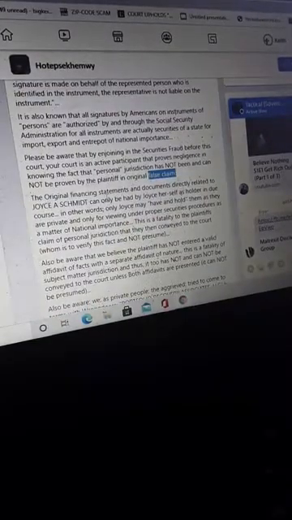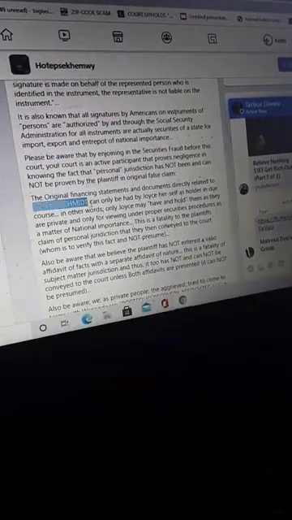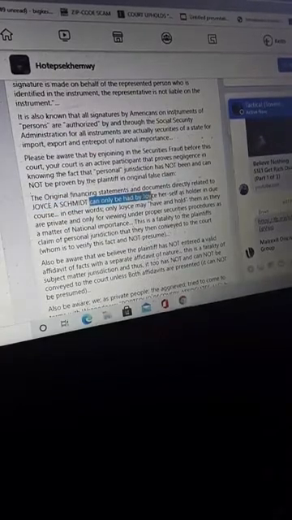The original financing statements and documents directly related to Joyce A. Schmidt can only be had by Joyce herself as holder in due course.